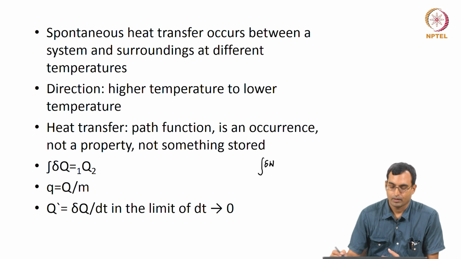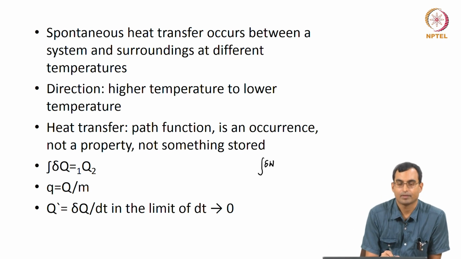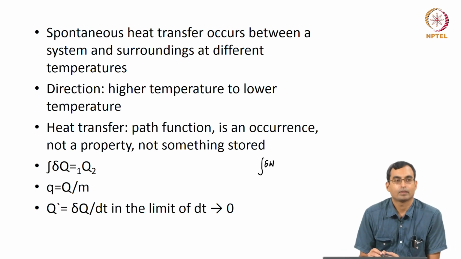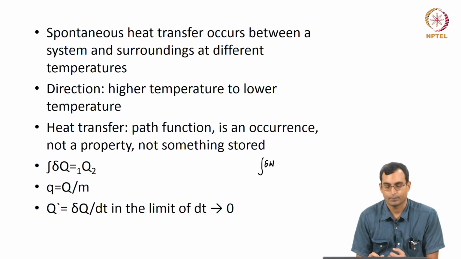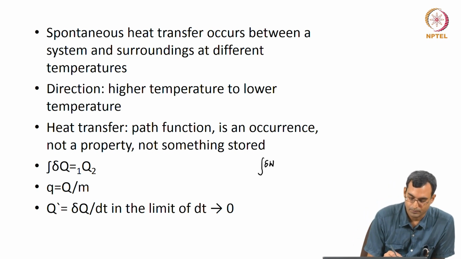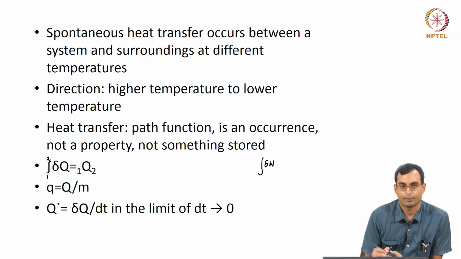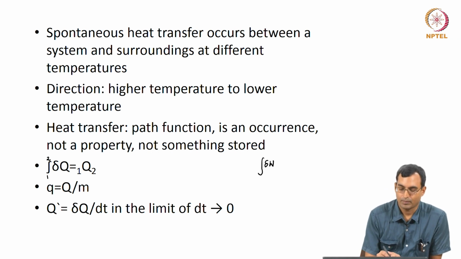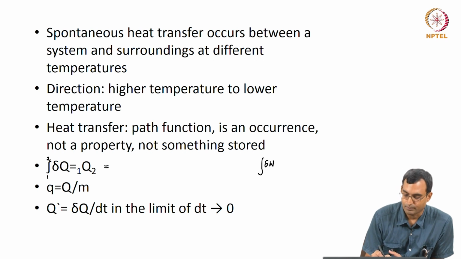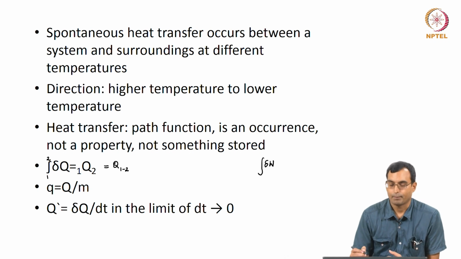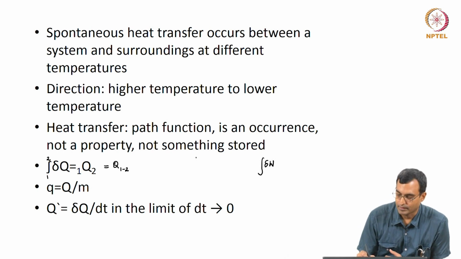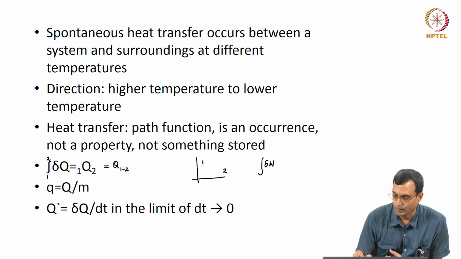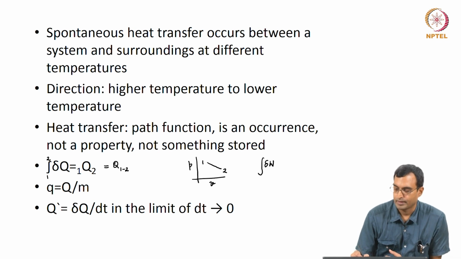Similarly, when a small amount of heat is transferred, we call it del Q. If we want to know the total amount of heat transferred during a process, we would integrate it from some state 1 to a state 2 along a particular path, and we would either call it 1Q2 or some books call it Q12, but this is the value along some particular path, because we know these are path functions. If we go from some point 1 to a point 2 in some path like this, let us say on a PV diagram, the heat transfer would be something.